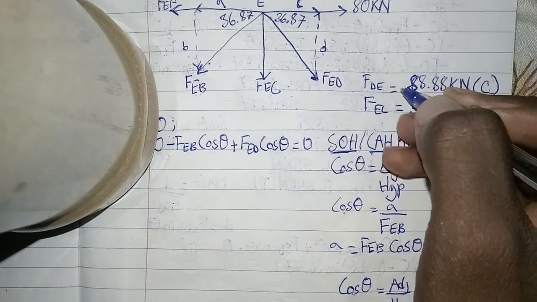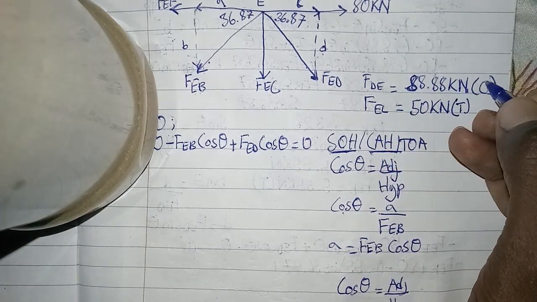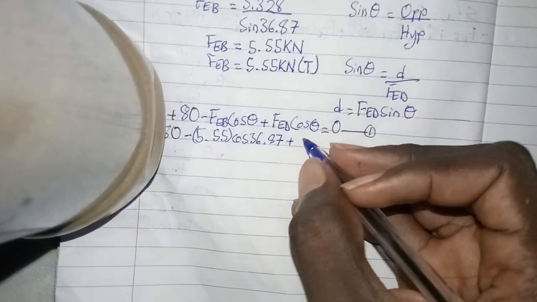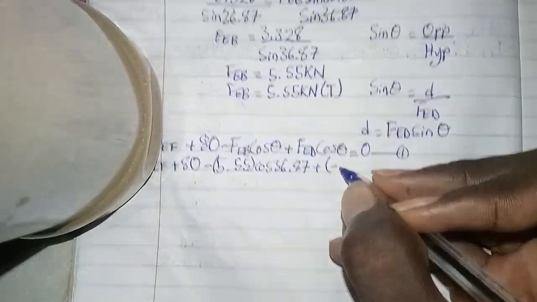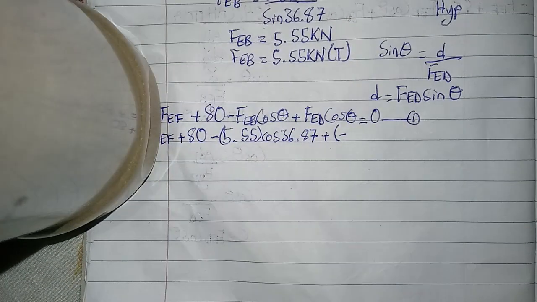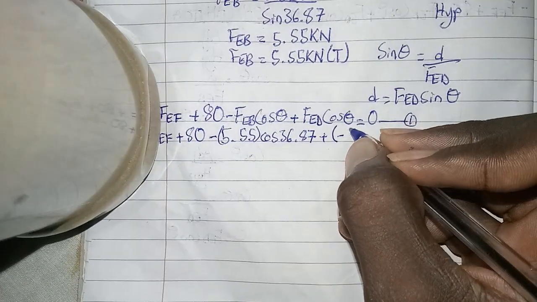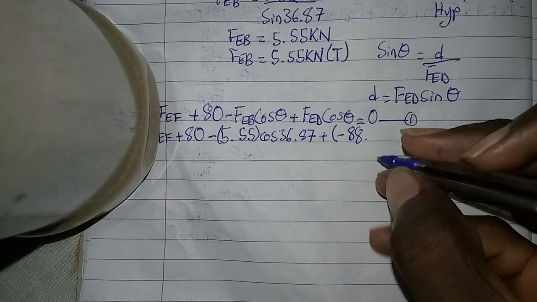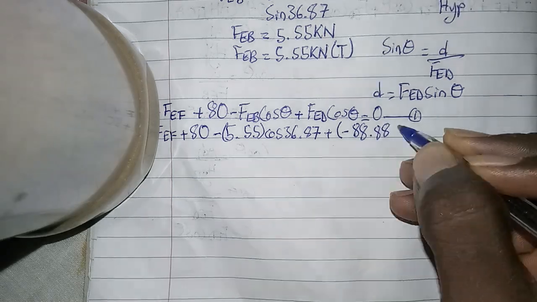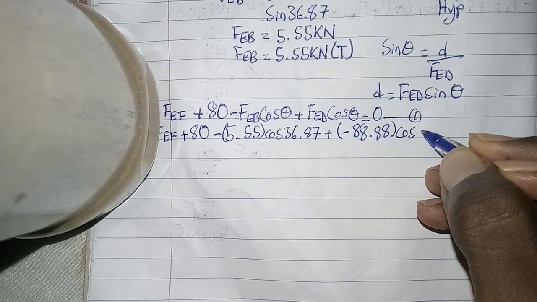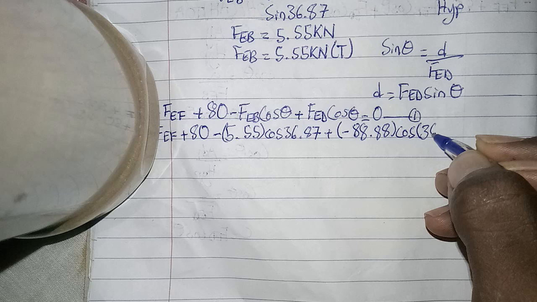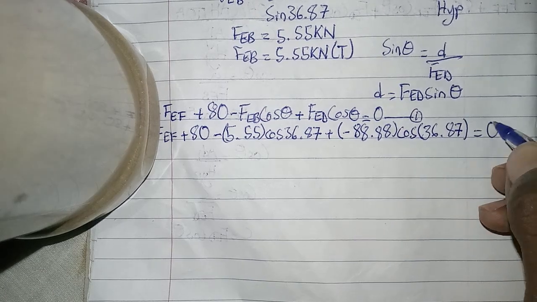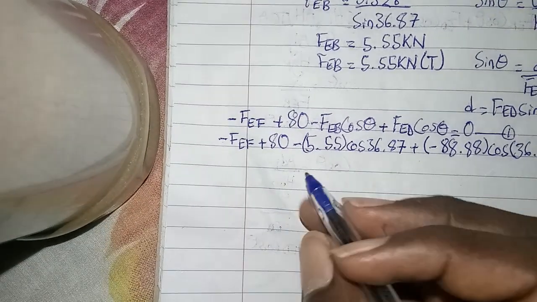We bring the negative sign because we have compression here, meaning it is negative. So that's negative 88.88 cos 36.87 equals 0.